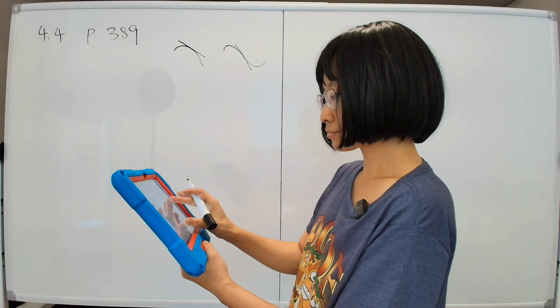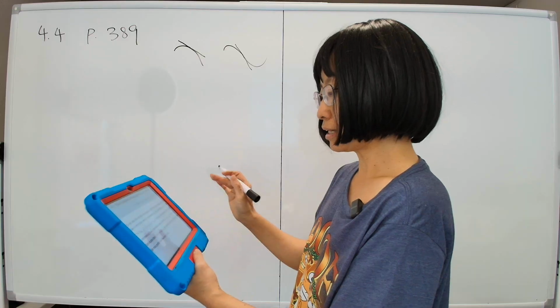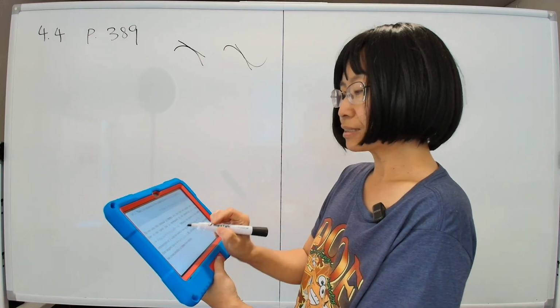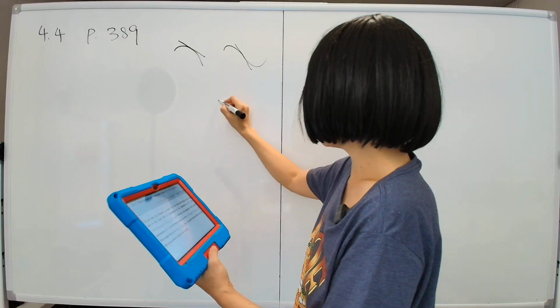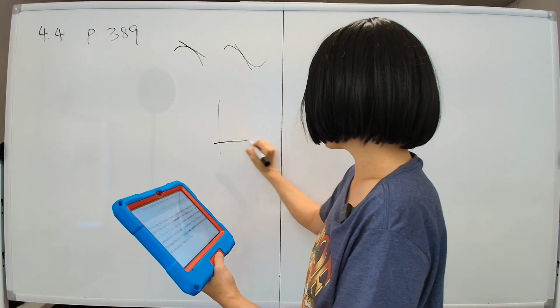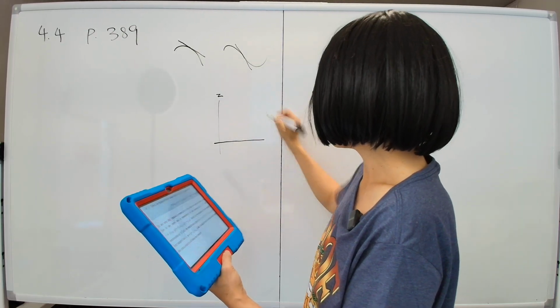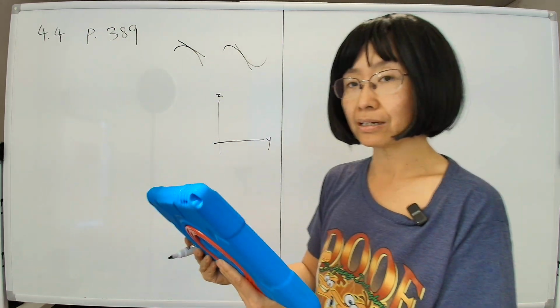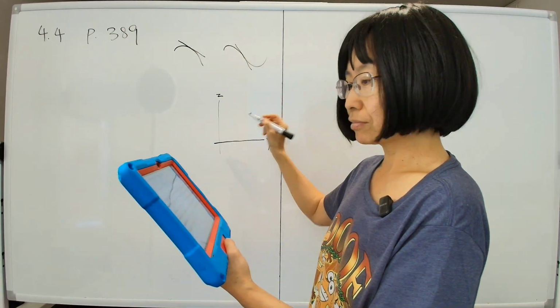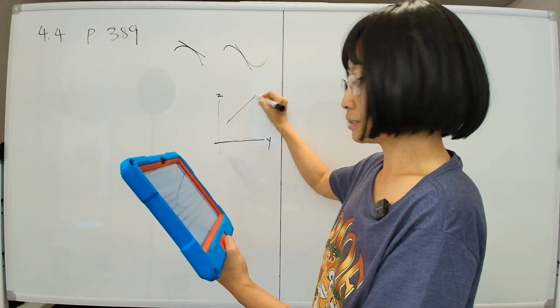Or you can just consider the fact that you have two lines here, and first let's consider the first line. The first line is in the zy plane, as you can see, the equation of the first line is a straight line.